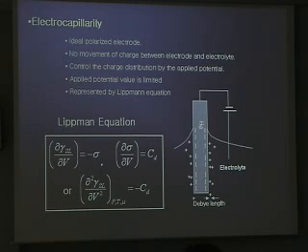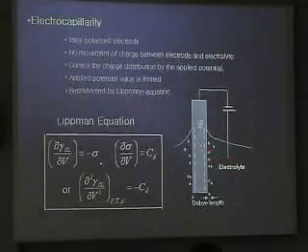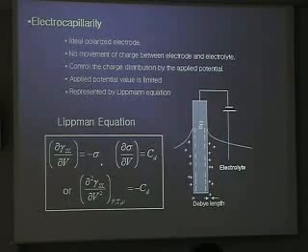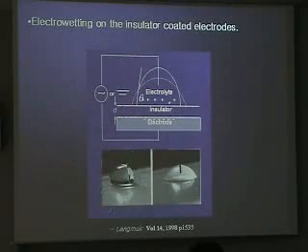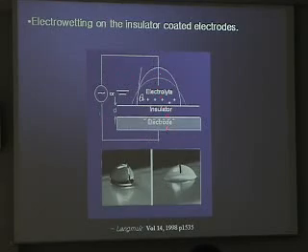So then what is electrowetting? Very similar to this, but by putting a dielectric, insulating layer between this electrode and the electrolyte, we can increase the applied voltage dramatically. By using an insulator in between, we can apply a very strong electric field.